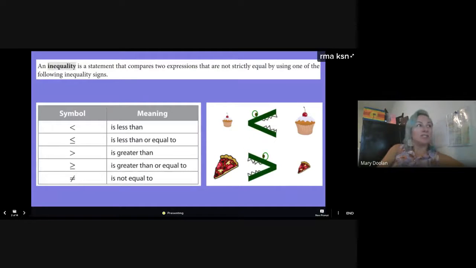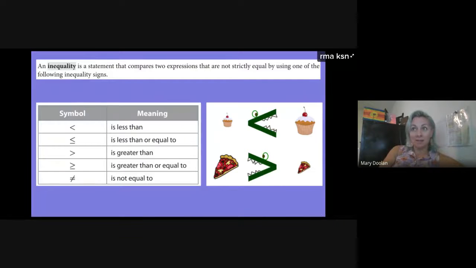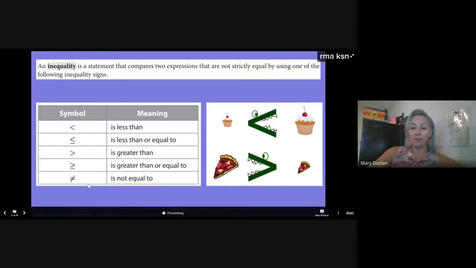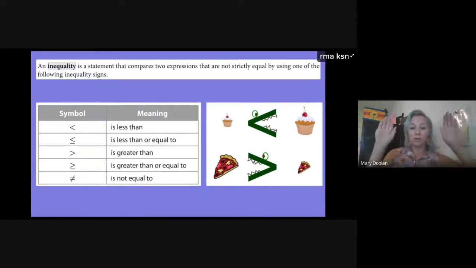All right, so the definition of an inequality is a statement that compares two expressions that are not strictly equal by using one of the following inequality signs. So we have is less than or equal to, is greater than or equal to, and is not equal to. One easy way to remember which one's which when you're comparing two values is to think of it like an alligator mouth.